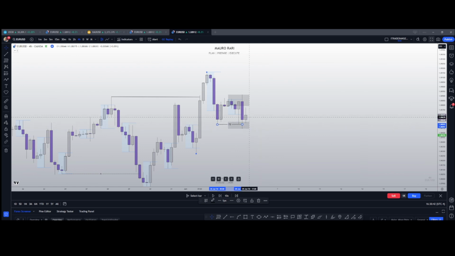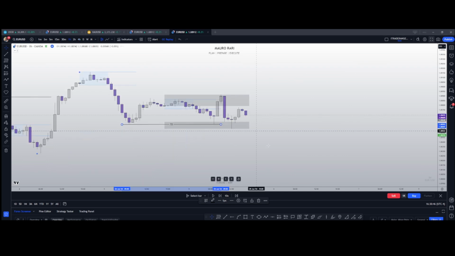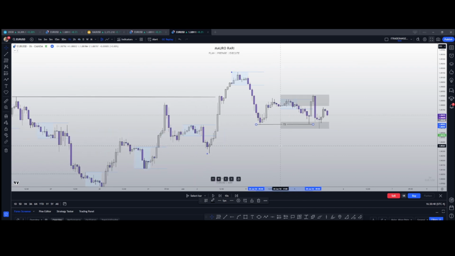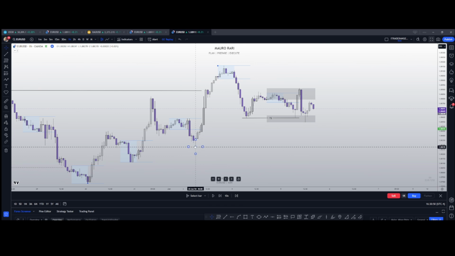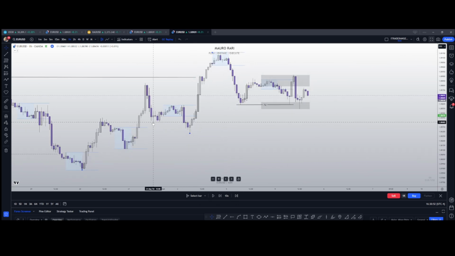Okay, so for today, let's go right now to 1 hour and see our most recent range. So what do we have in 1 hour? In 1 hour, we have a strong grab of liquidity and a break of the structure.